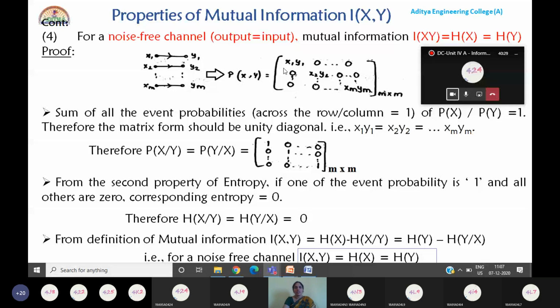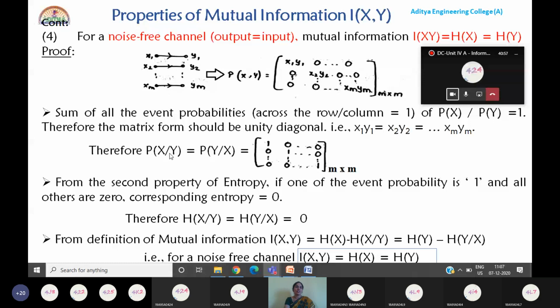Then (x1, y1), (x2, y2), up to (xm, ym) should all be equal to 1. Why? Because what is the maximum probability? 1. In the first row, (x1, y1) plus 0 plus 0 plus 0 should equal 1, so (x1, y1) should be equal to 1. That is why we then consider P(X|Y) or P(Y|X).